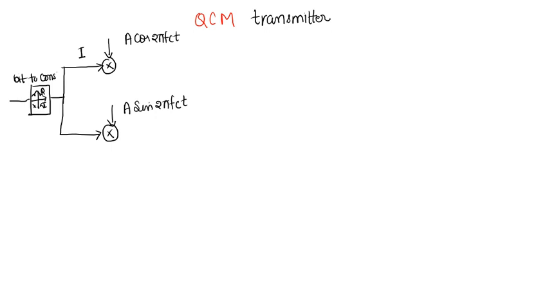For example, if you are following 8 PSK and 000 is mapped to this point, the value of the in-phase component will be transmitted through the I channel, and the quadrature component through the Q channel.